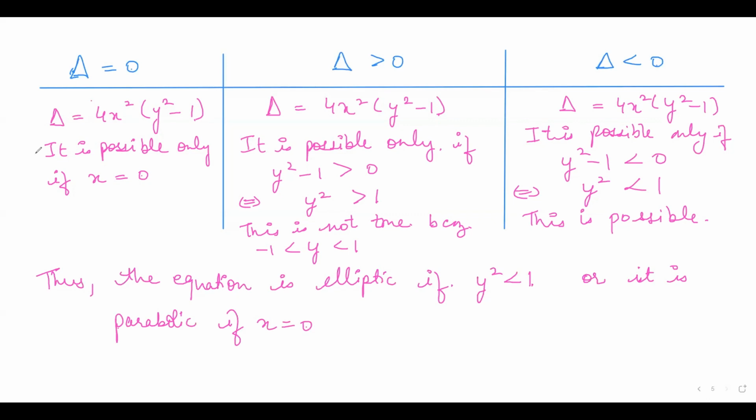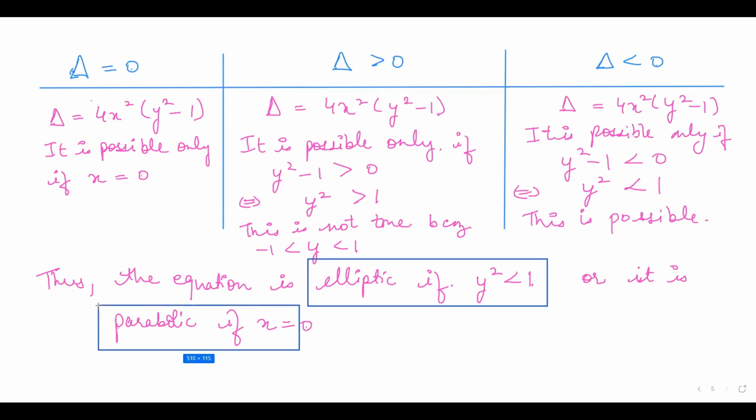So you have these two conditions where it would be either elliptic or parabolic. So this is what we have in this question, and this is very important.